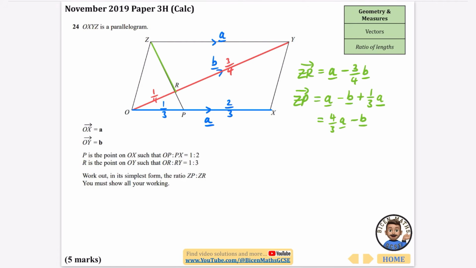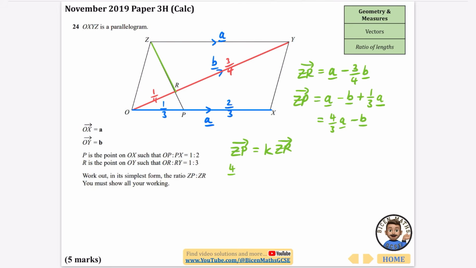Now I know something. I know that ZP is in the same direction as ZR, but it's just been multiplied by something. So I'm going to put these two vectors into this. ZP is ZR multiplied by some value K, and then we'll use that to reason with what's going on.